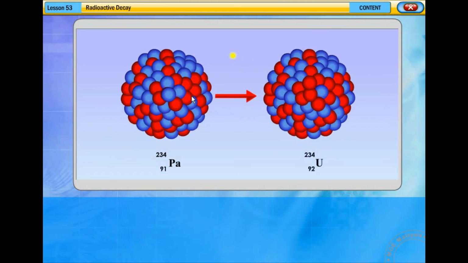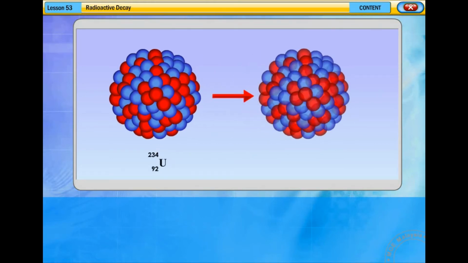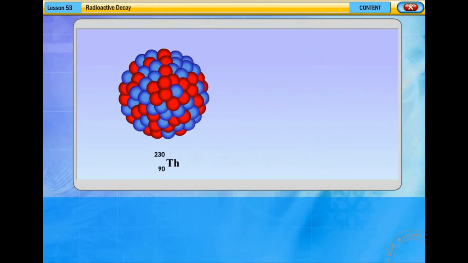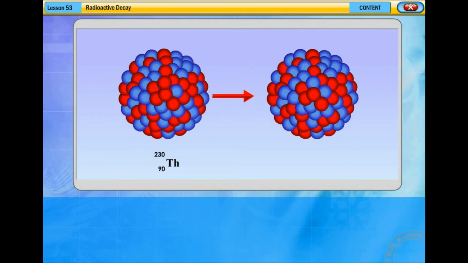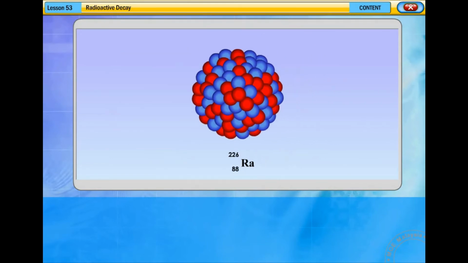Protactinium-234 will emit a beta particle to form uranium-234. Uranium-234 will undergo decay by emitting an alpha particle to form thorium-230. Thorium-230 will emit an alpha particle and gamma ray to form radium-226.